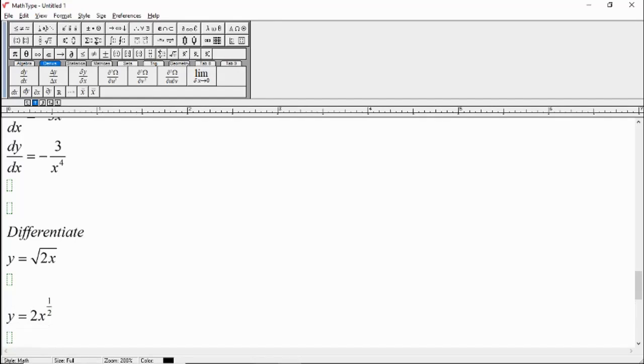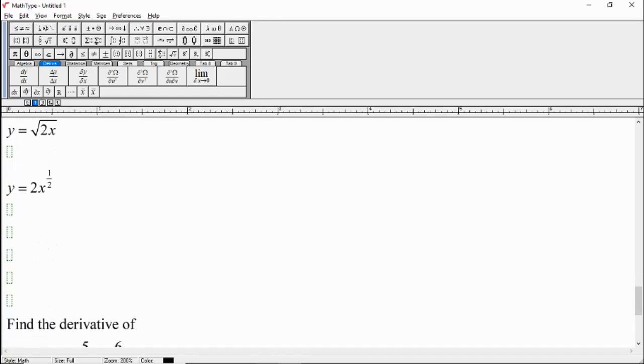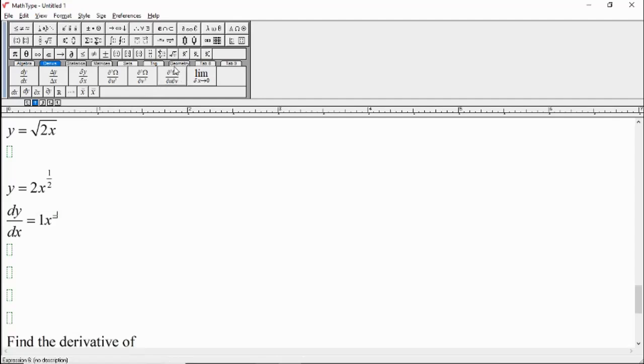And the same process as we did with the other questions, we multiply by the power and then we subtract the power by 1. So dy by dx is equal to 2 multiplied by a half, 1, x, a half minus 1 will be to the power of, so half minus 1 is minus a half, so it'll be 1x to the power of minus a half.